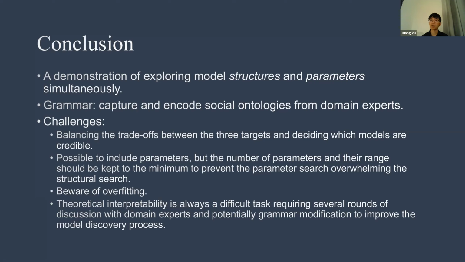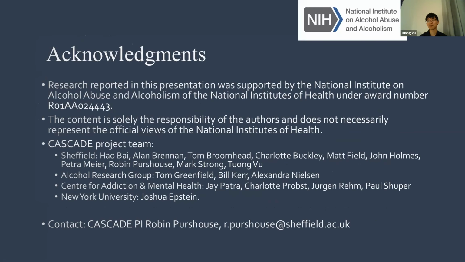You can include a parameter, but our suggestion is that you need to minimize them so that the parameter search does not overwhelm the structural search, because what we're aiming for here is the structure, not the parameters. And also beware of overfitting. You see that the other one is not the best fit, but the trend is really good. And theoretical interpretability is always difficult. Yeah, and this is the end of my presentation. Thank you.